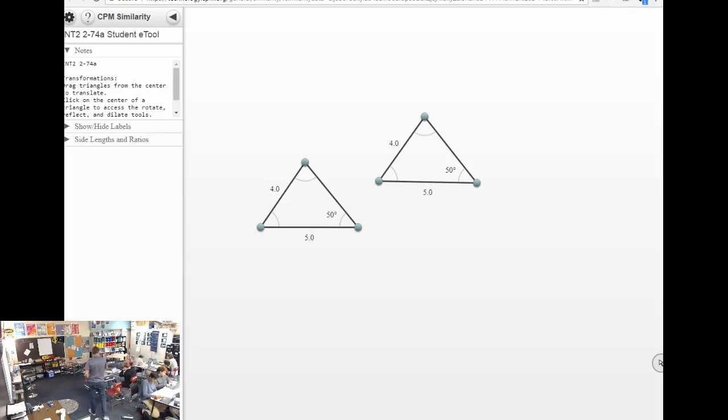I linked one. Remember, if you grab a vertex, you can move it to change how the triangle is made. You can save your work in Desmos as well if you log in.